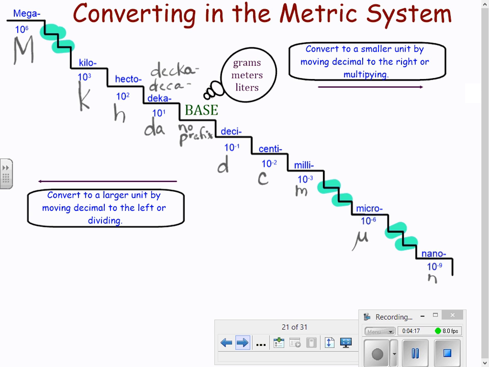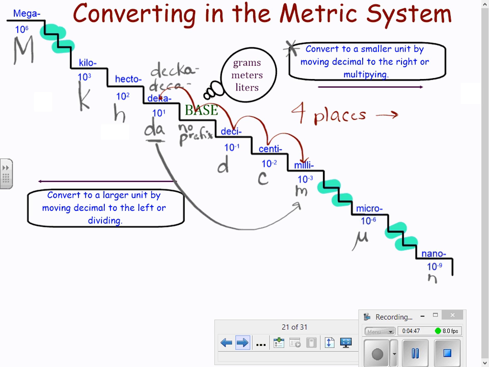So if we're moving to a smaller unit, let's say we're going from deca to milli, we count how many times we move. So I'm going to start at the top of my stairs. I'm going to go 1, 2, 3, 4. So that means I move my decimal place 4 places to the right. And it's just like you're going down the steps.